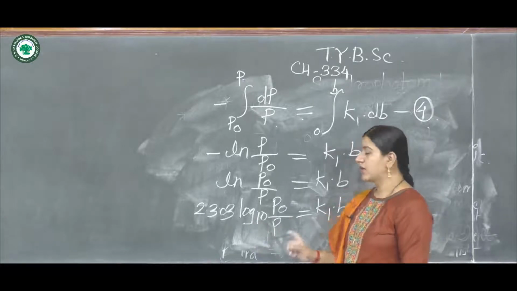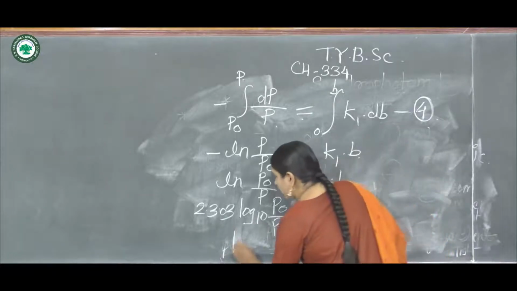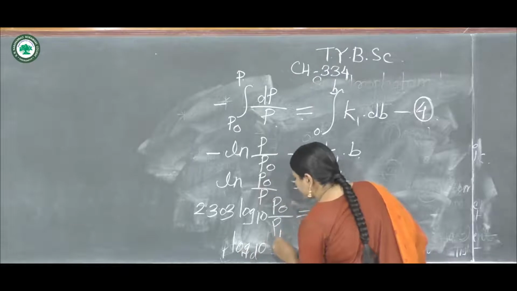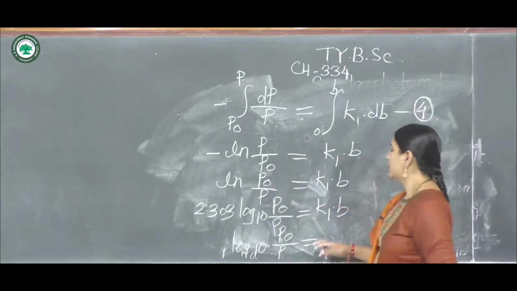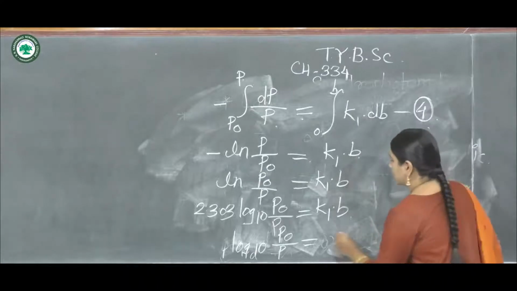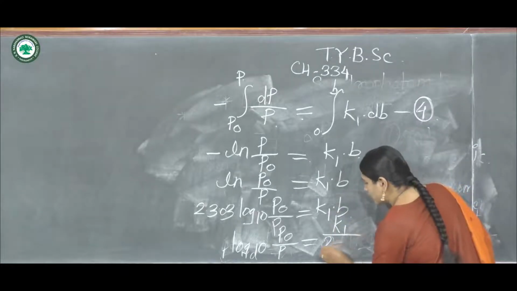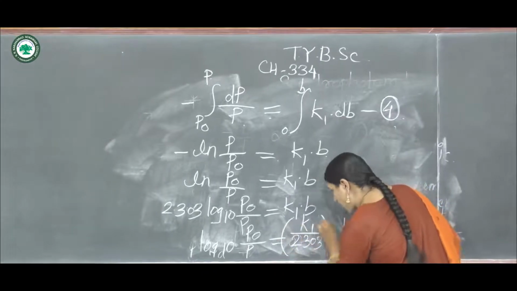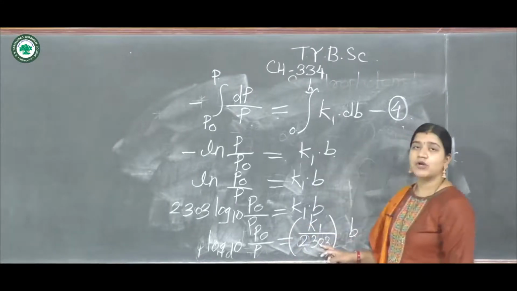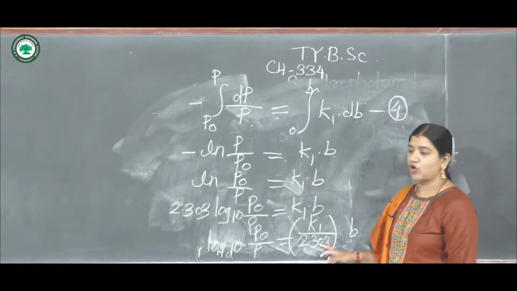This we get. How can you write it? Log to the base 10 p0 upon p is equal to k1 upon 2.303 into b. Now all this k1 upon 2.303 comes to be the constant.